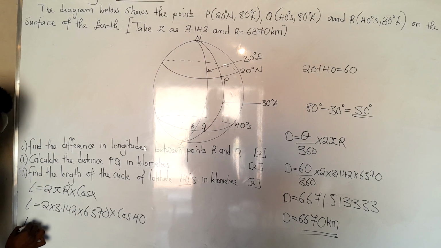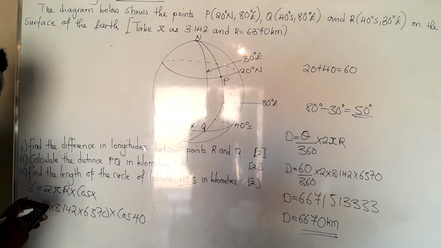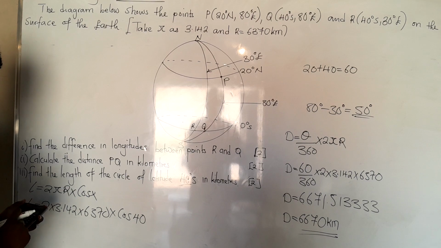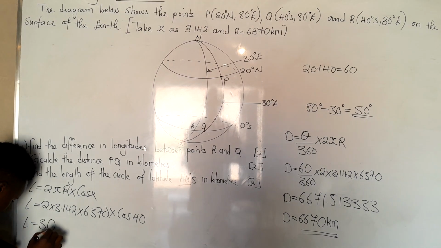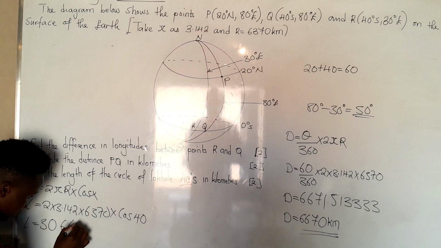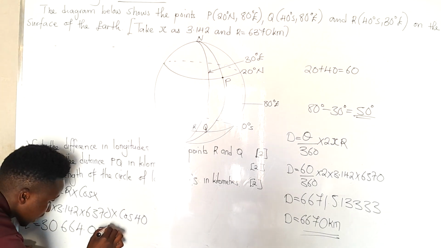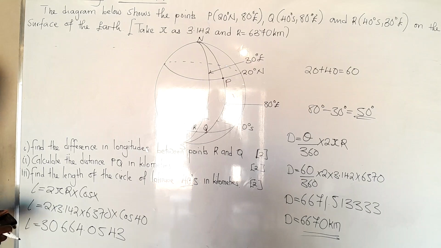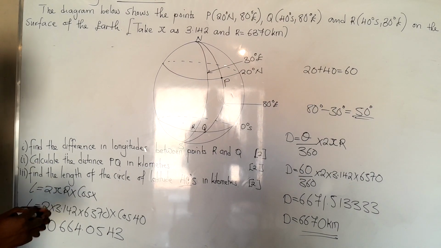Then you say my length will be equal to, on your calculator, 2 times 3.142 times 6370 times cos 40. And I'm getting my answer to be 30,664.0543.